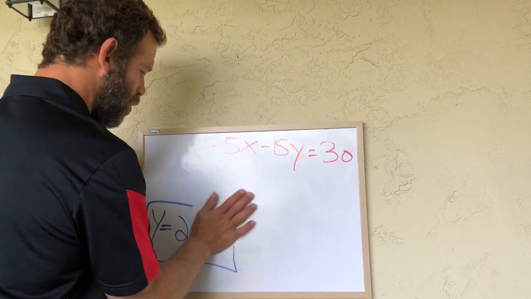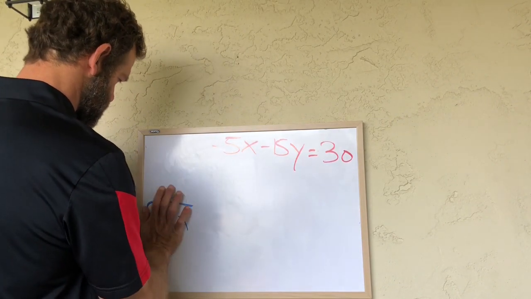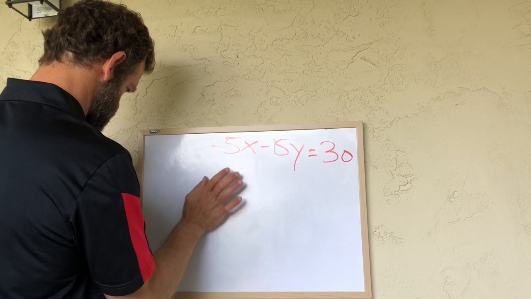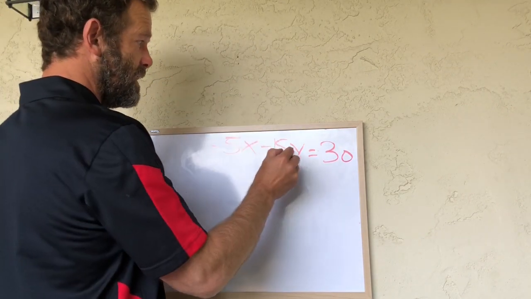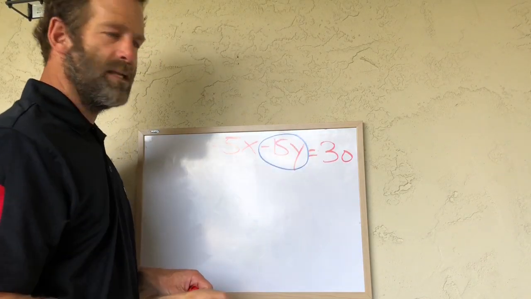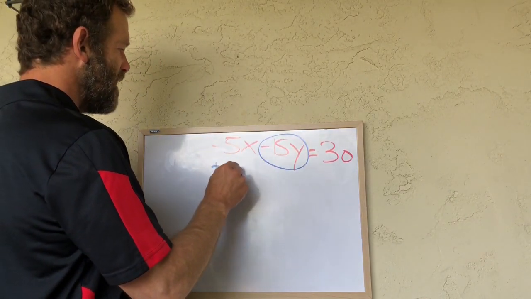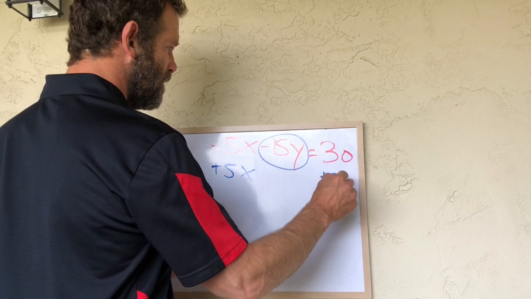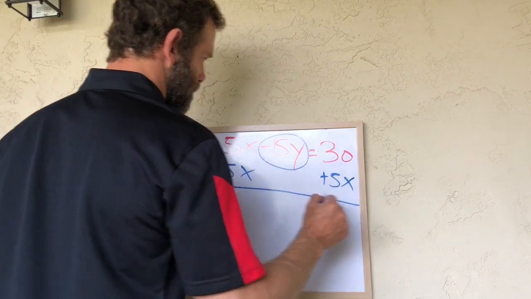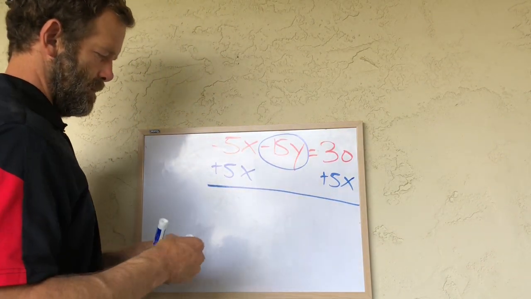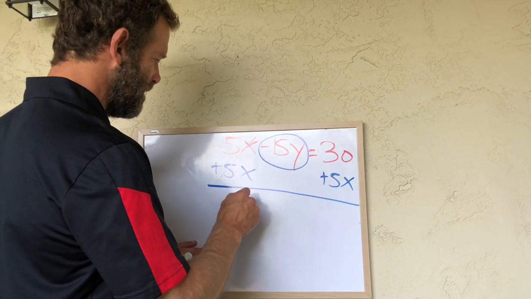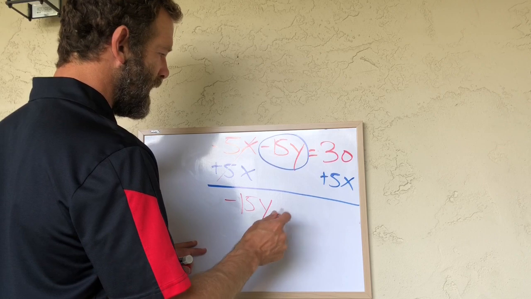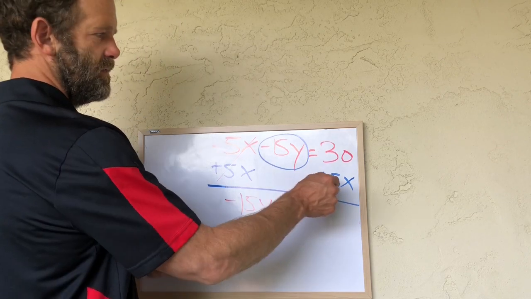Okay, now that you just tried it, you just paused the video. Let's see if your thing came out exactly like mine. First step is you got to get this negative 15y all by itself by adding 5x to move this over to the other side. Well, the good thing is these cancel out, so you're going to get negative 15y equals this 5x.